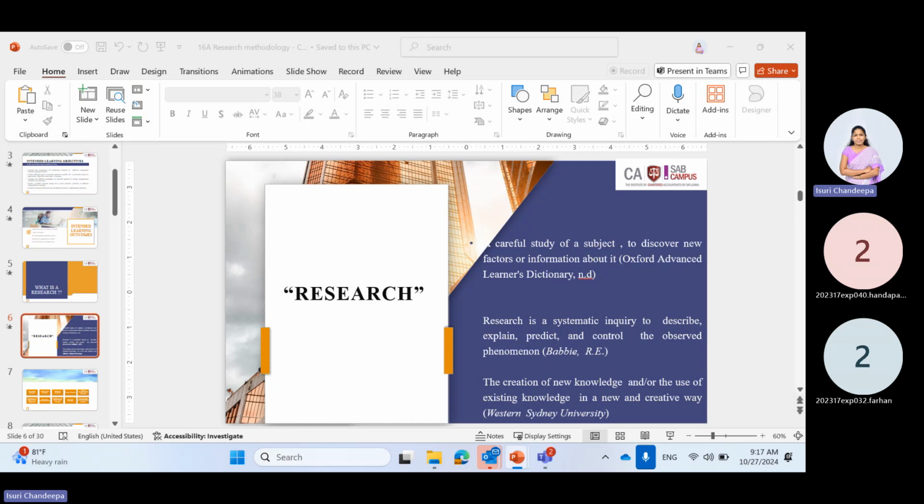Initially you identify the problem, then collect the data and analyze the data. Then what will you get? The findings, meaning the answers for the identified problem. This is called research.